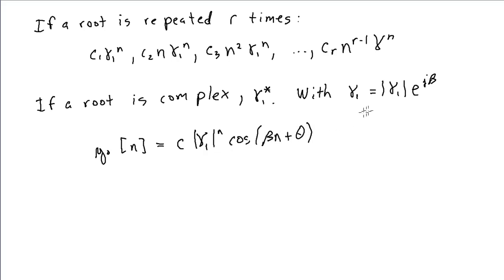So again, the magnitude of gamma 1 is the magnitude of the complex root, and then the phase angle of the complex root then actually becomes my discrete time frequency, and then I have two unknown coefficients here, c and theta, which are determined by my initial conditions. So let's look at an example problem from the textbook.